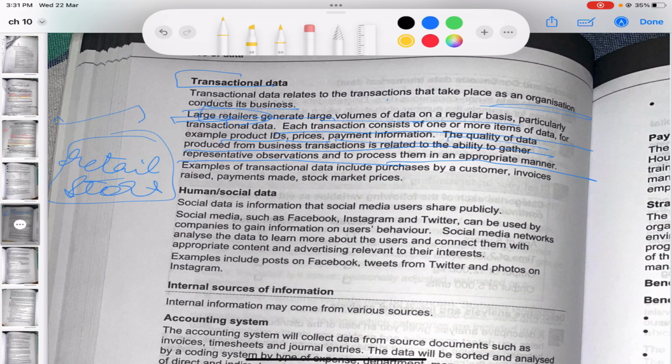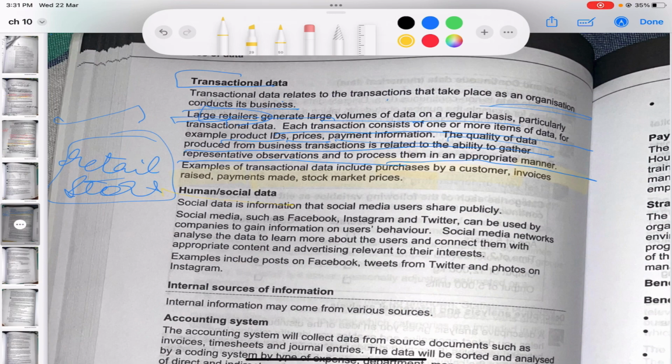So now let's talk about the examples of transactional data. Purchases made by a customer, invoices that are raised, payments which are made, and stock market prices. As and when a transaction takes place, data keeps changing, right? Now these are transactional data.